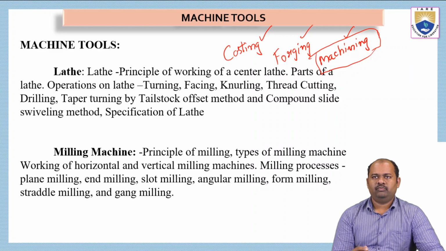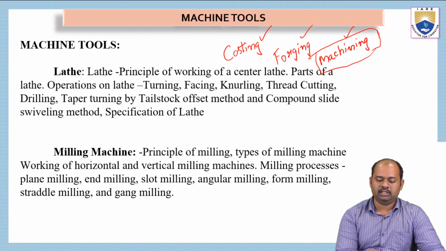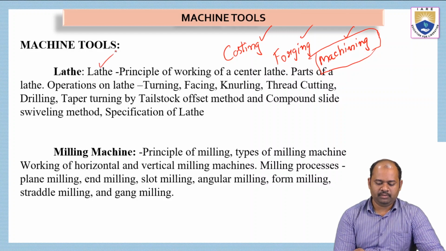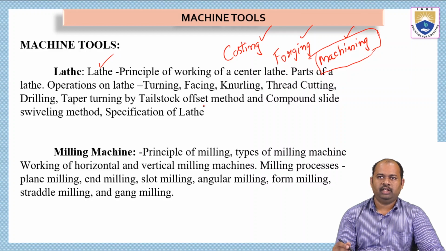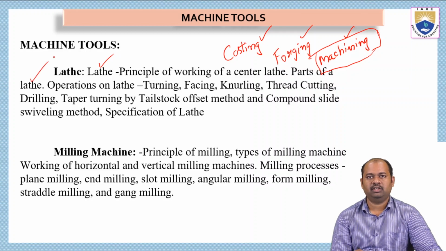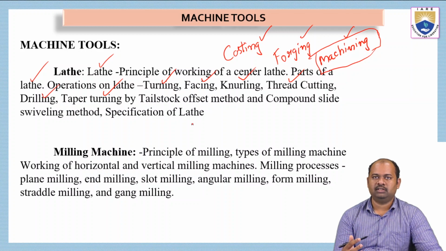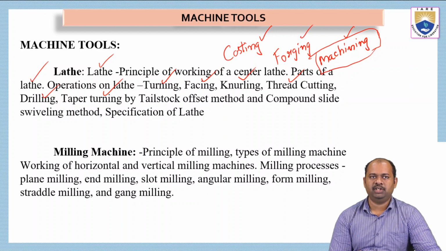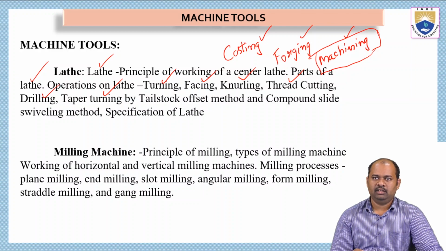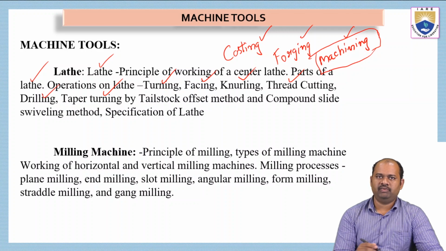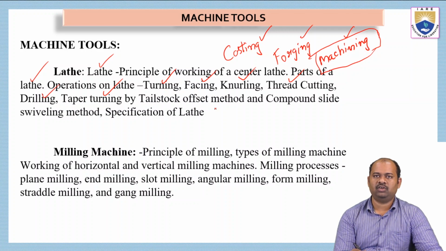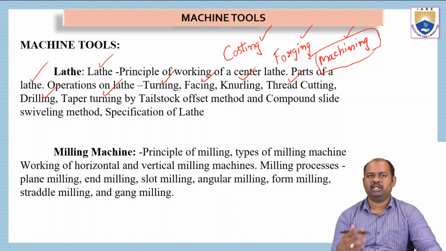In this module, we are going to see the lathe principle, then the parts of the lathe machine, and then operations on the lathe machine like turning, facing, knurling, thread cutting, drilling, taper turning, etc. These are all the machining processes which can be done on the lathe machine. And then, what is a compound slide, the swiveling method, and specifications of the lathe. These are all the topics we are going to cover when we study the lathe machine.